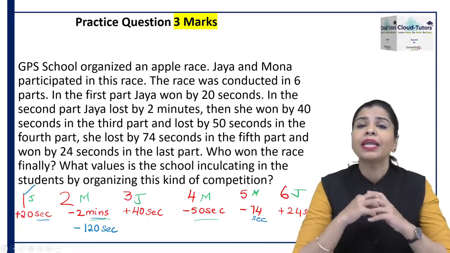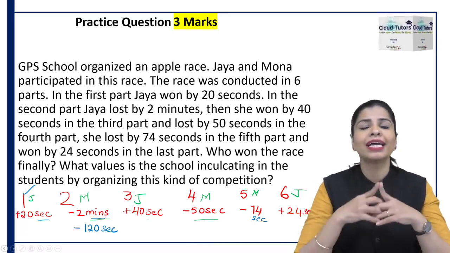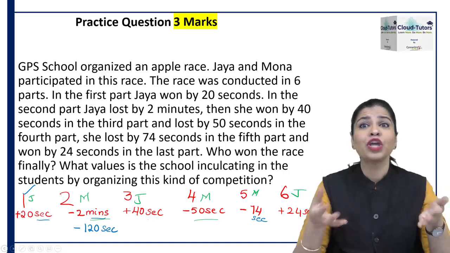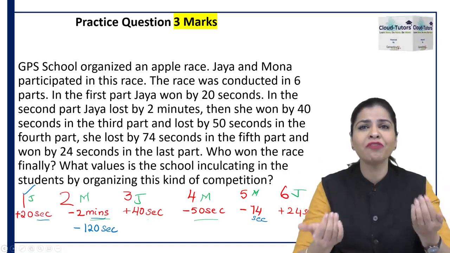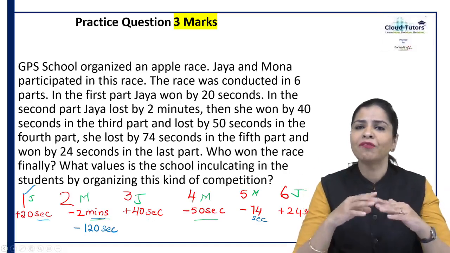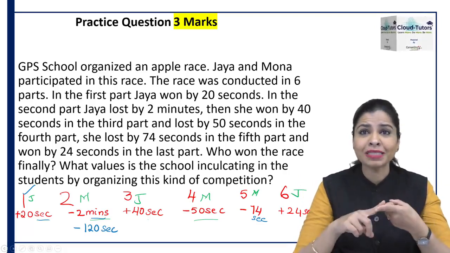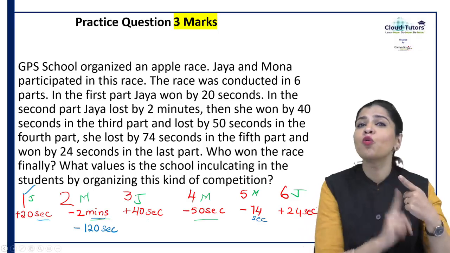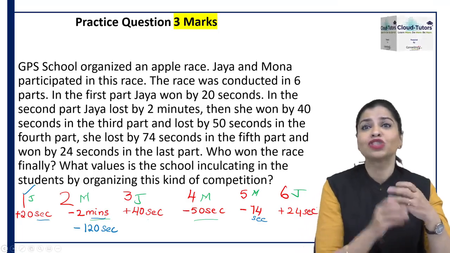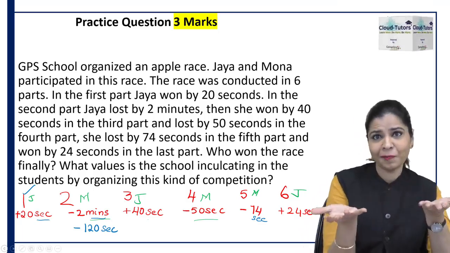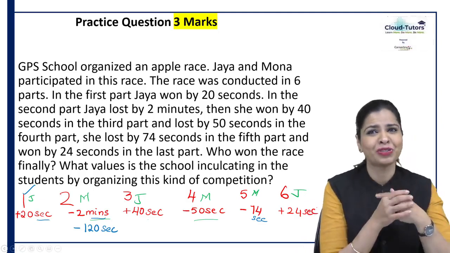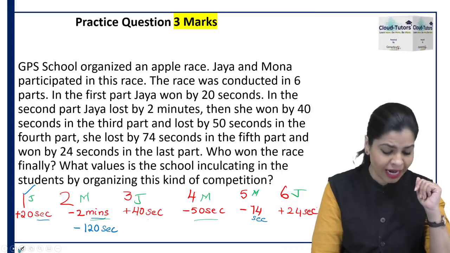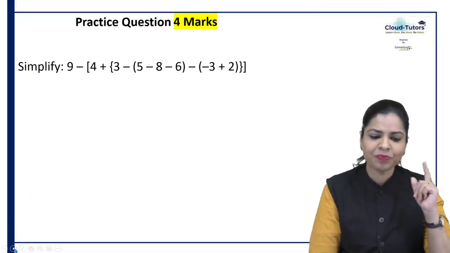And it also wants to make you realize always winning is not the thing. You have to learn from your own mistakes, right? We are not perfect. We make mistakes, but a winner is the only person who learns from their mistakes. So these are the values. See here? We are learning integers, but we are also learning moral values. That is also very, very important in our day-to-day life, right?